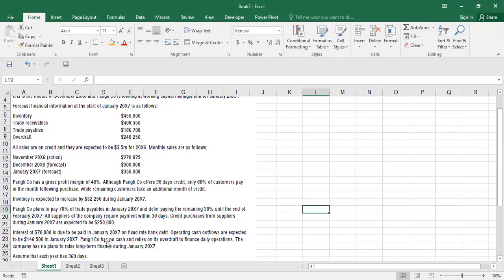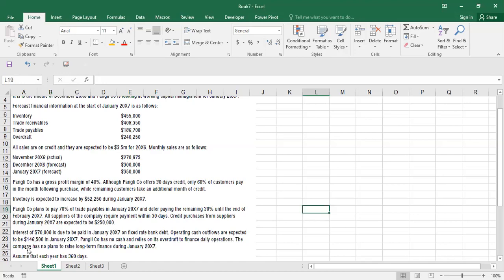Pangli company has no cash and relies on its overdraft to finance daily operations. So there is no cash available. Of course, we can see that they are in overdraft. And if there is any cash deficit, they will take further overdraft. So overdraft may increase if there is a need.